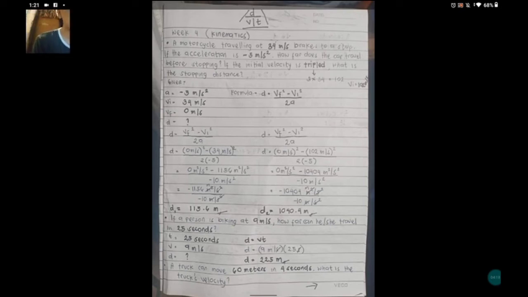So, first step, 0 meter per second squared minus 102 meter per second squared over 2 times negative 5. So, ang kakalabasan ay 0 meter squared per second squared minus 10,404 meter squared per second squared over negative 10 meter per second squared.